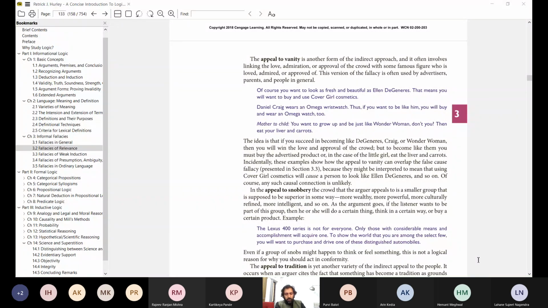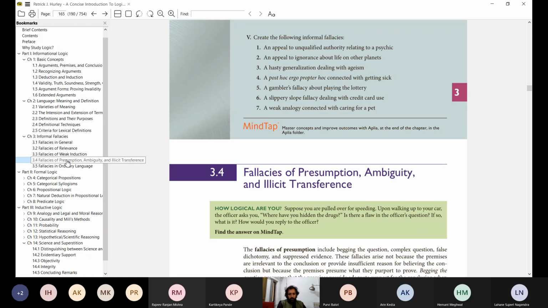As you see from the textbook, there are a whole bunch of different fallacies that Hurley has categorized, and really just for shortage of time, we're going to look at two of these categories: fallacies of relevance and fallacies of presumption.